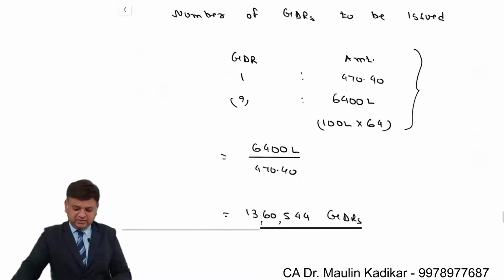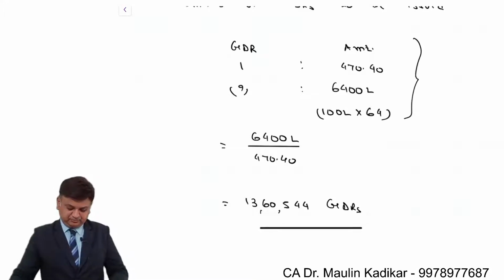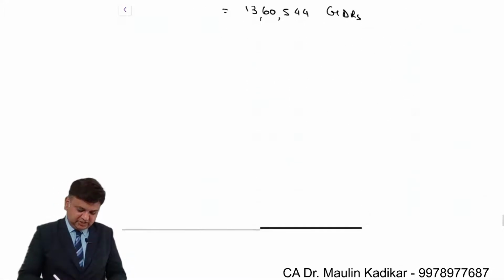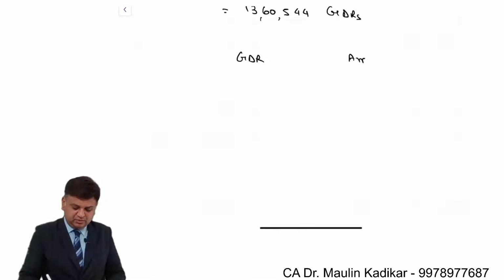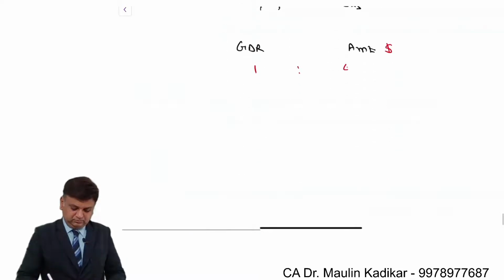This answer can be calculated by using the dollar currency also. Even in that case, we will get the same answer. With 1 GDR, what amount will you receive? It is 470.4 divided by 64.